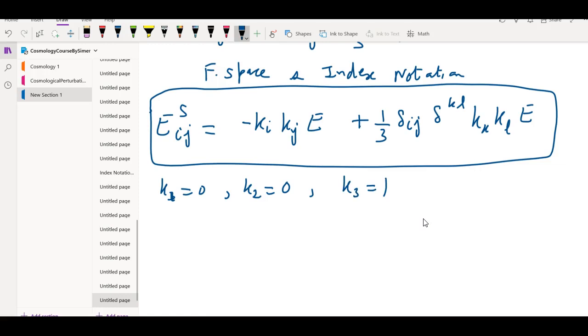So that means that k_i is equal to delta i3.